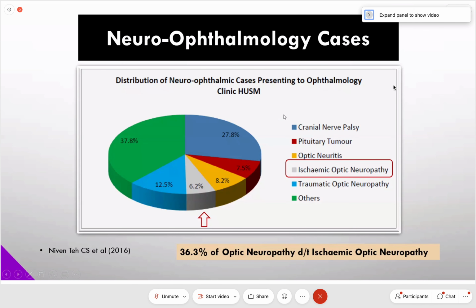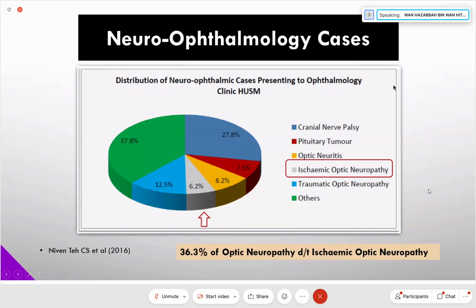So if we look at the distribution of the neuro-ophthalmic cases, what I want to highlight here is that ischemic optic neuropathy comprises about 40% of all cases of optic neuropathy, which is quite a large amount.